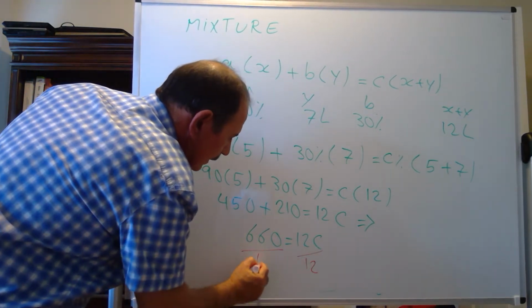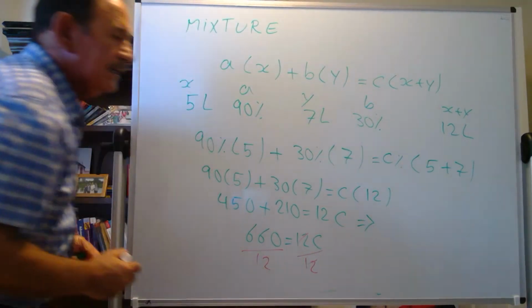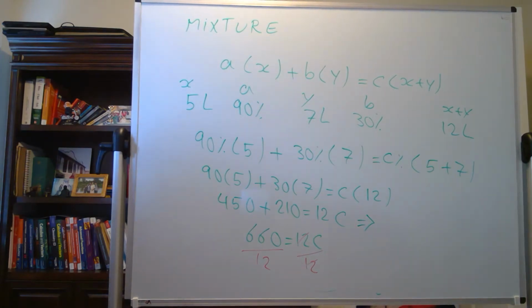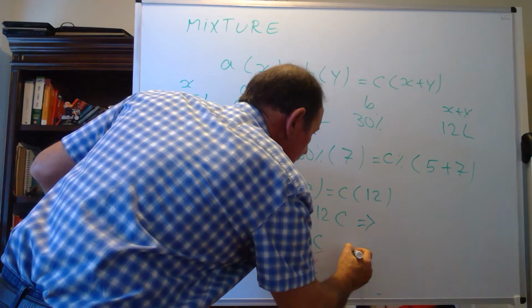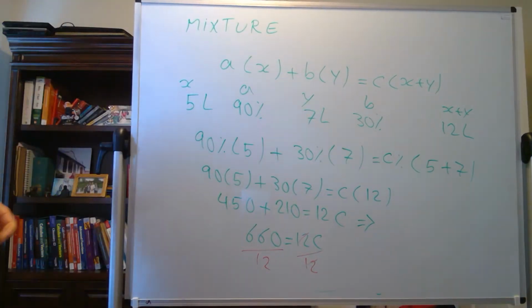12. These two 12 cancel each other. At the end, we will have C is equal 660. Let me continue from the top.